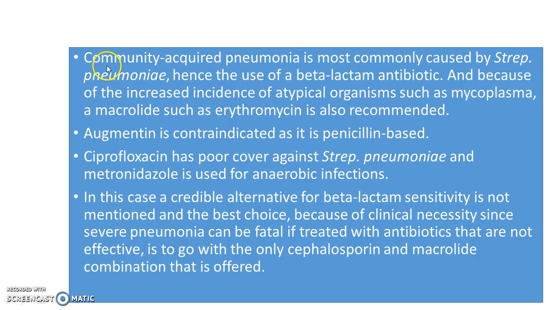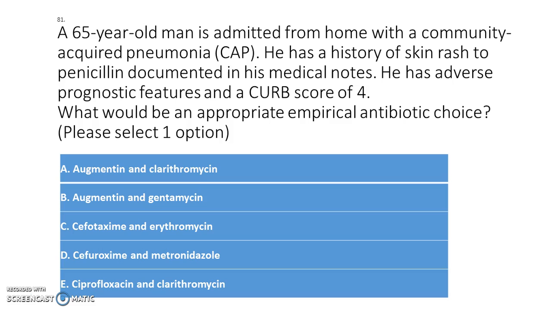So community-acquired pneumonia is most commonly caused by strep pneumoniae. So we use a beta-lactam antibiotic. So we have to choose a beta-lactam among these choices. So which one is a beta-lactam? Okay.